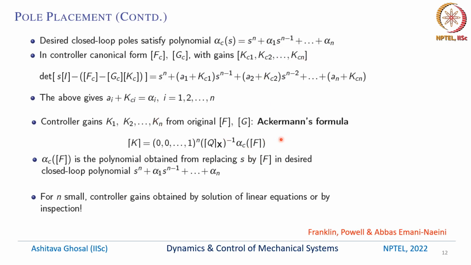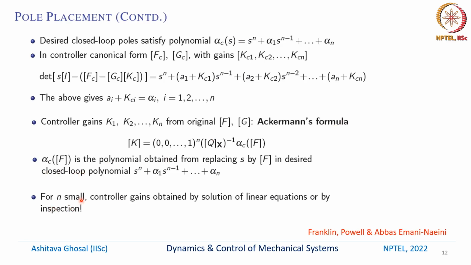So we can obtain this alpha c with s substituted by F. Then we find the inverse of this controllability matrix, and then we take the nth component of this, and then we get K. This is a very well-known formula available in many textbooks, and I don't want to go into details.